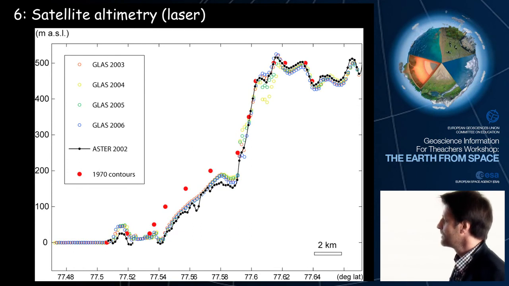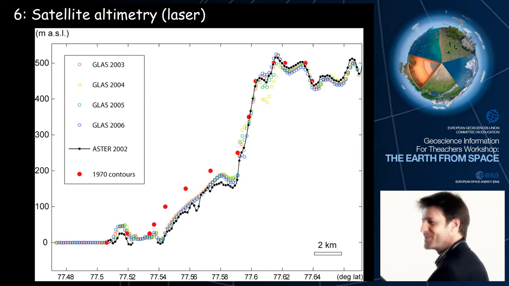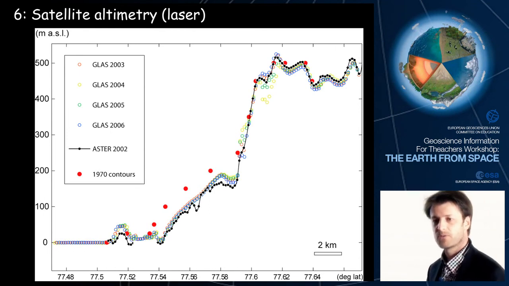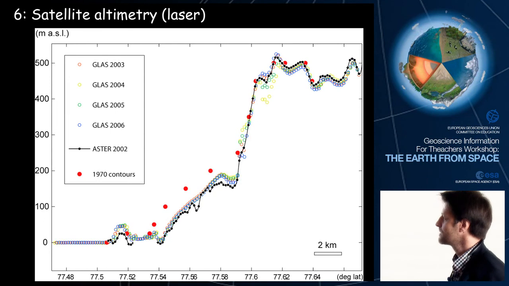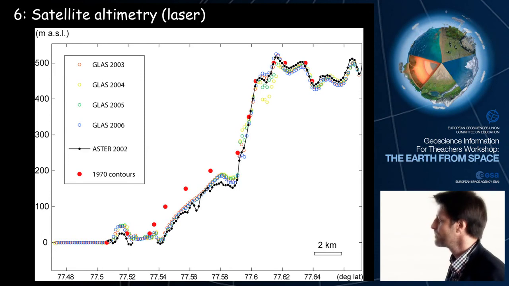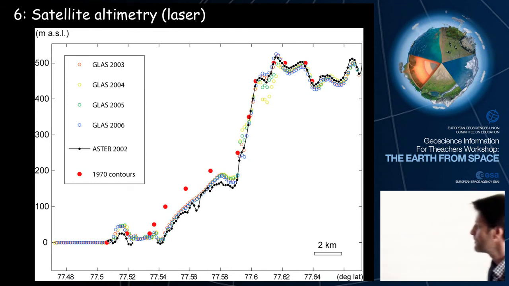And the red dots, bold dots, are the contour lines from the 1970 topographic map. So actually, a contour line would go in the image or out of the image here. So here you see the elevation change of close to 100 meters, which I was referring to before. So you see it very well between old elevation models, so contour line maps, and new instruments like a laser altimeter or an optical stereo instrument.